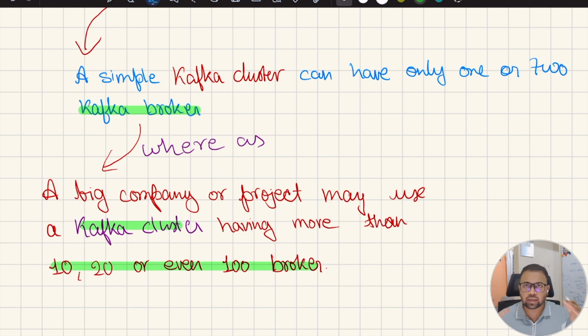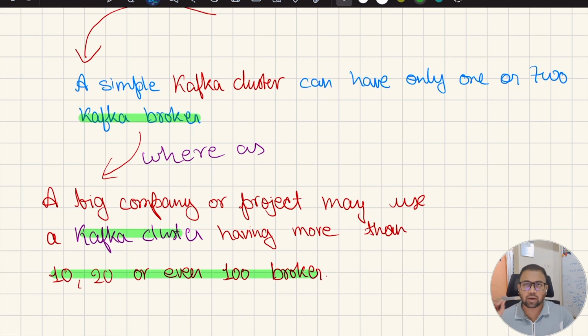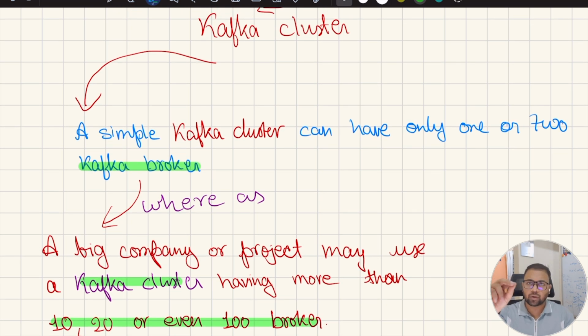That was a really challenging, tier one project for me, item fraud detection with one of the e-commerce companies. Cool. So till now we have got what a Kafka broker is: a machine where one of the partitions of a particular Kafka topic can be present, and the combination of all these brokers is called a Kafka cluster.